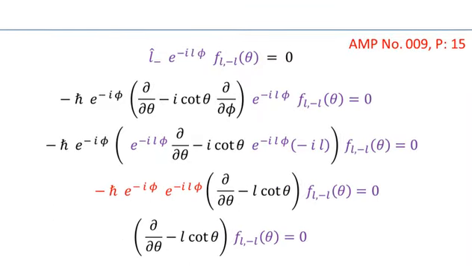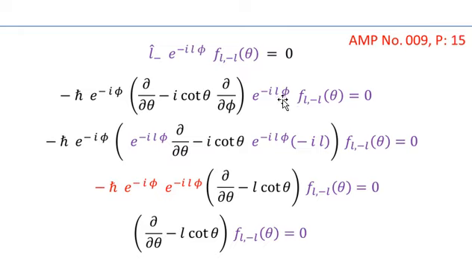We can easily operate on these two functions one by one. You can move e to the power minus i L phi inside the parenthesis, where it will be operated on by the partial derivative with respect to phi, and the value is shown in the parenthesis.